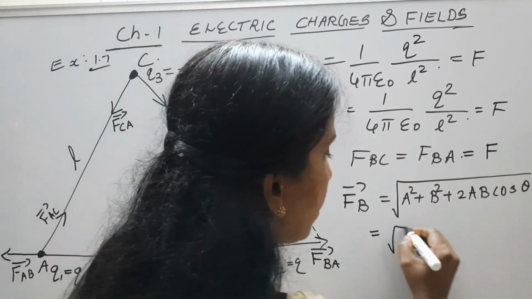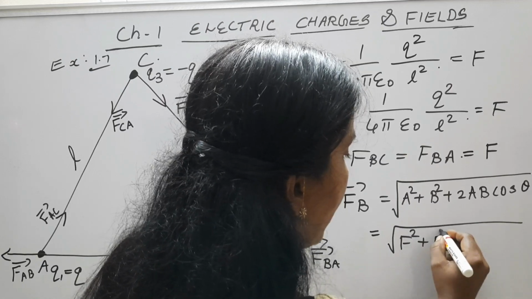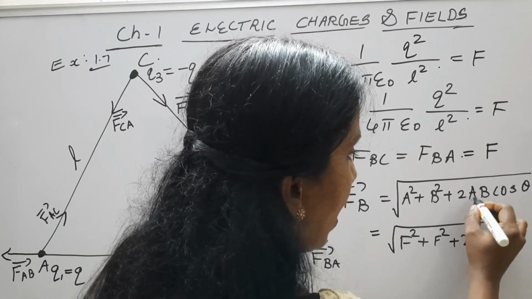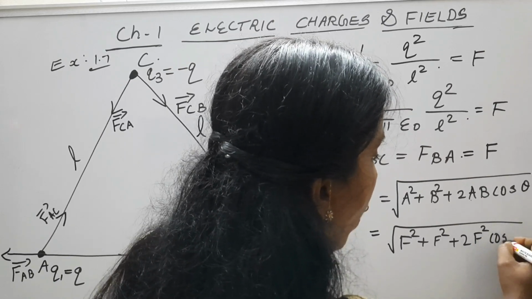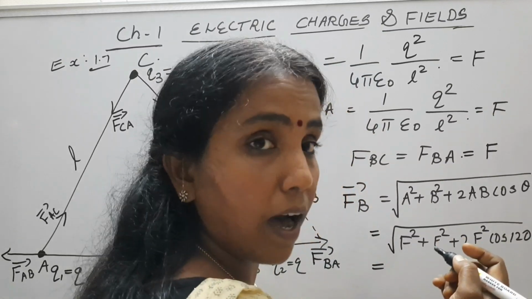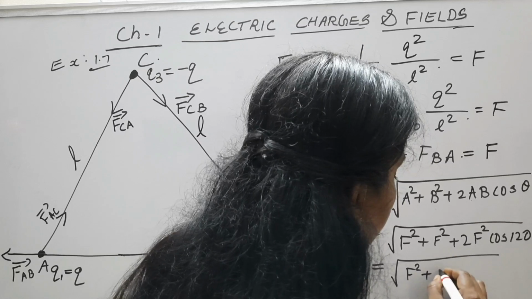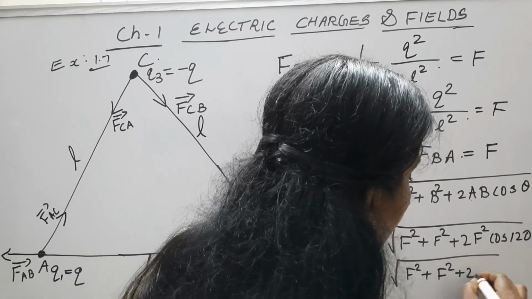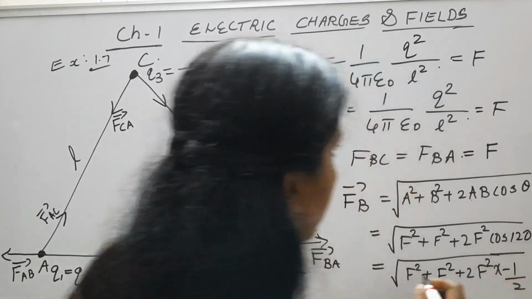So very easy calculation. Root of F square plus F square plus 2F into F, again F square, into cos 120. Cos 120 is minus half. So we have root of F square plus F square plus 2F square into minus 1 by 2.